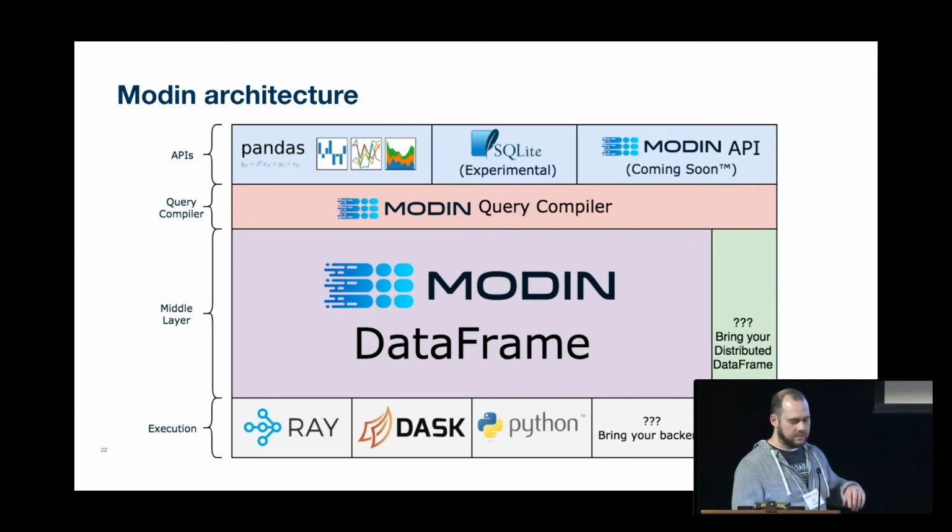And then at the bottom layer, as I mentioned, everything is abstracted away such that we can plug in different components and use them, because different people may have access to different types of machines or things like that. So Ray is basically where we started, and that is by far the most robust implementation. We've also implemented Dask, and that's mainly for Windows users at the moment.